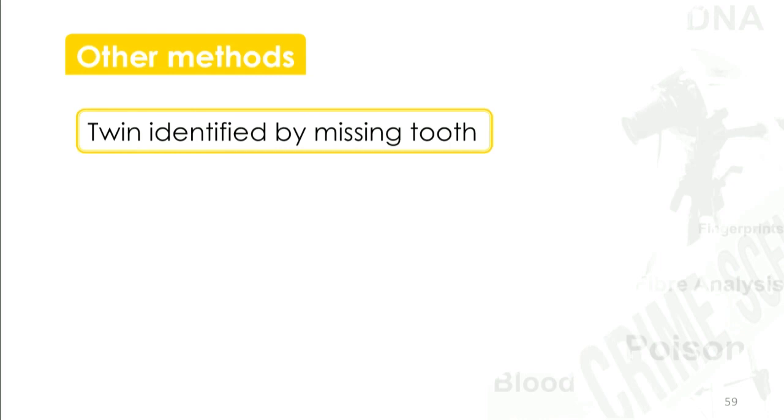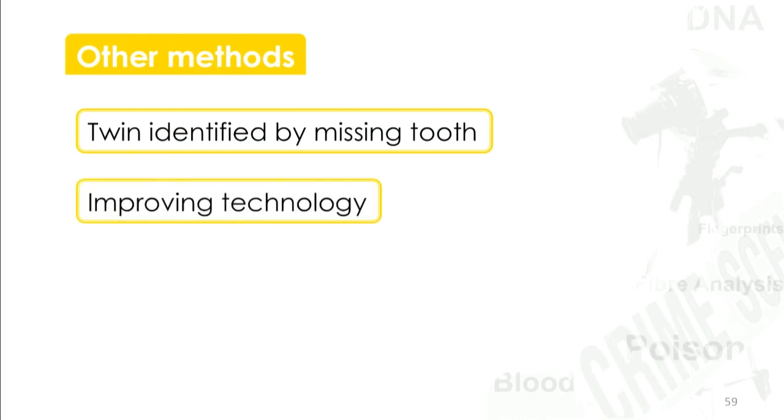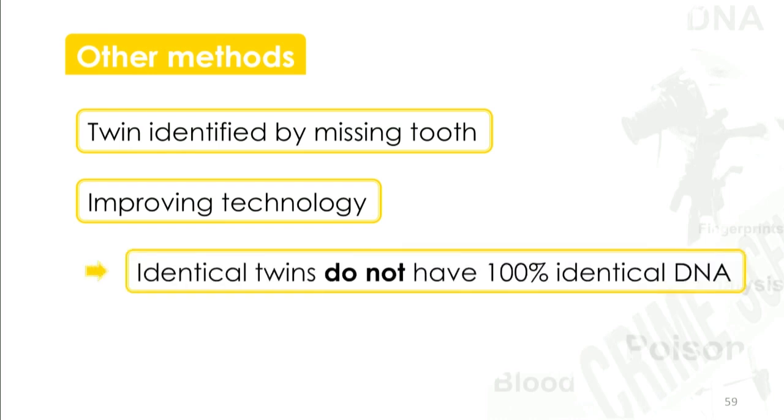Now this situation may change in the future as technology improves. And that is because identical twins do not have DNA that is completely identical. When their cells are replicating, when their DNA is being copied, mistakes happen.